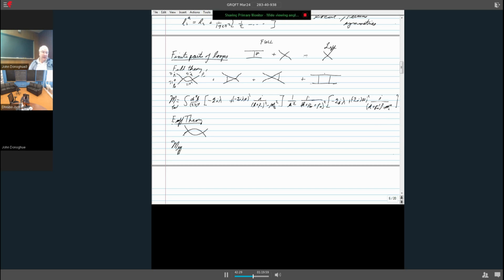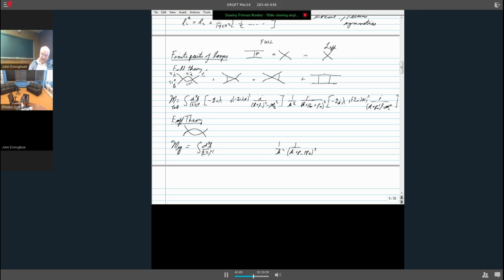Okay, so actually, if you look at that, I've got all 4 diagrams: 2 vertices on one side, 2 vertices on the other side. I end up with these 4 diagrams.